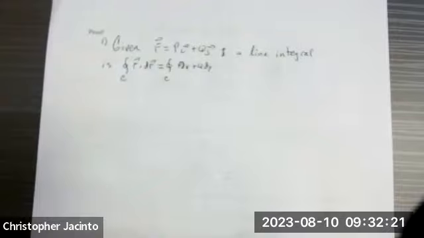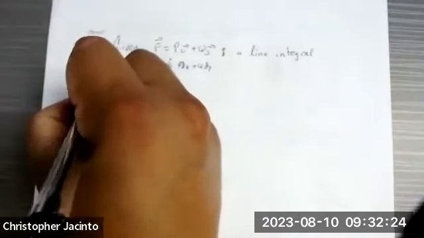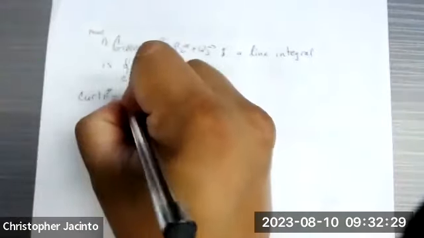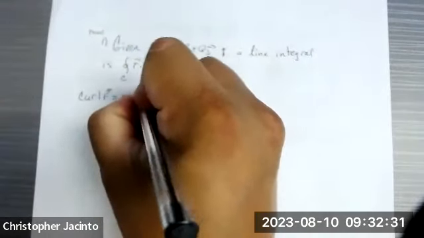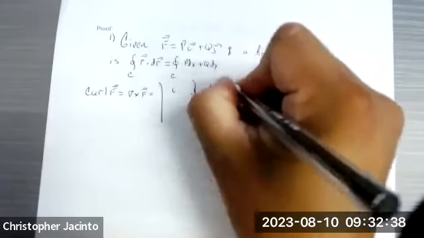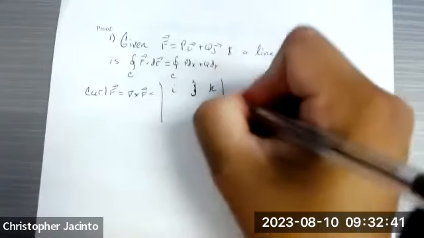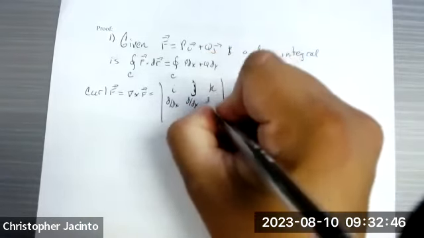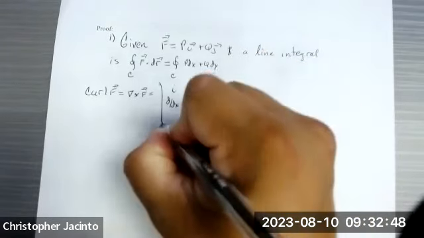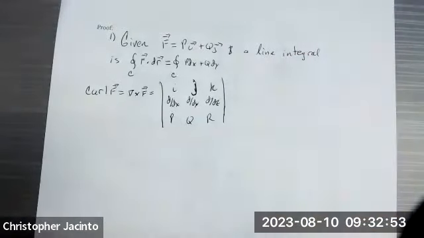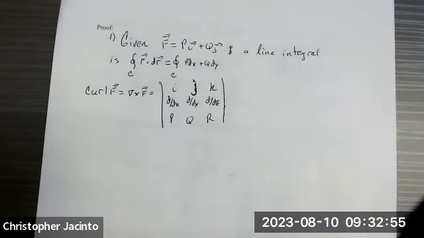Okay. So that means first we find the curl of F. Again, we've been doing that. That's just the gradient cross product the vector. So that's going to be i, j, and k, and P, Q, and R. Now, this is the interesting part.